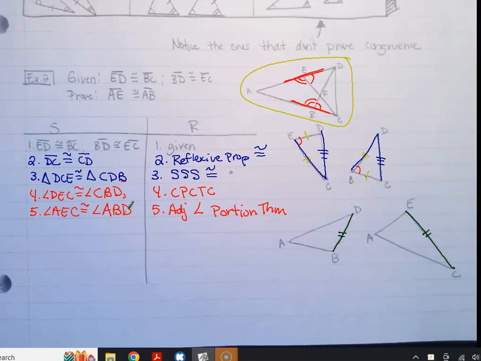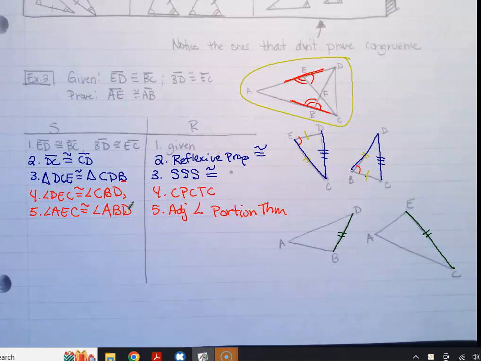So I did mine differently. But somewhere before we did this, we should have listed that the angles were supplementary, like the linear pair theorem, right?